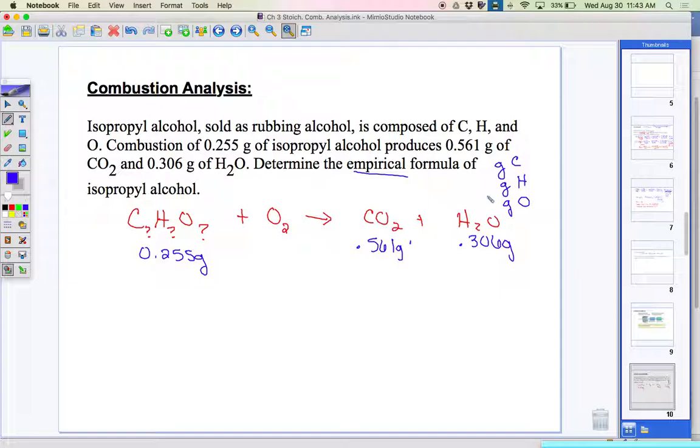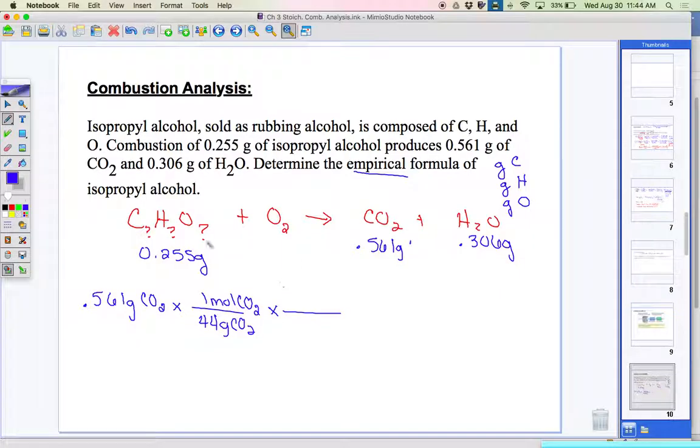Maybe you could go from the 0.561 grams of carbon dioxide to get to the carbon, right. All of the carbon that's in this isopropyl alcohol had to go to that carbon dioxide because that's the only place carbon shows up on the right. So 0.561 grams of carbon dioxide, and we change that to moles. 44 grams is the molar mass of carbon dioxide.